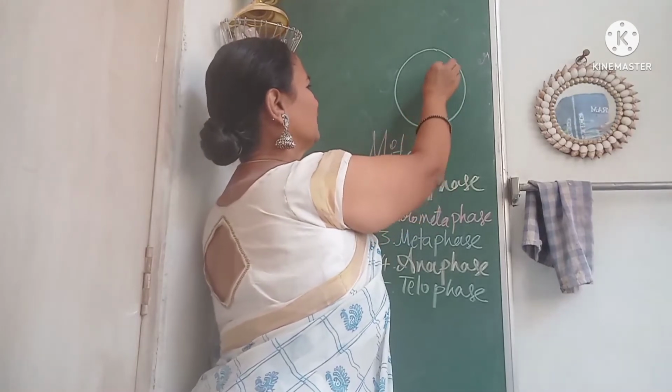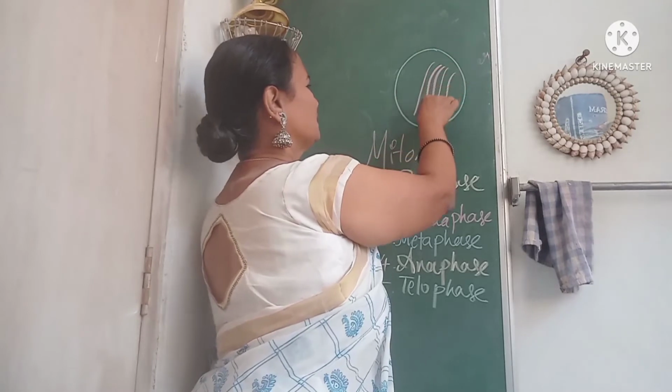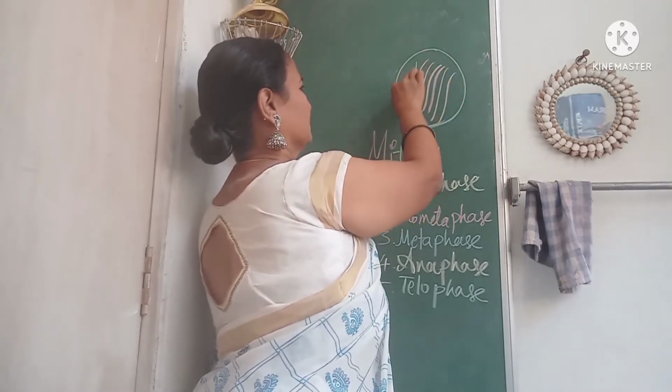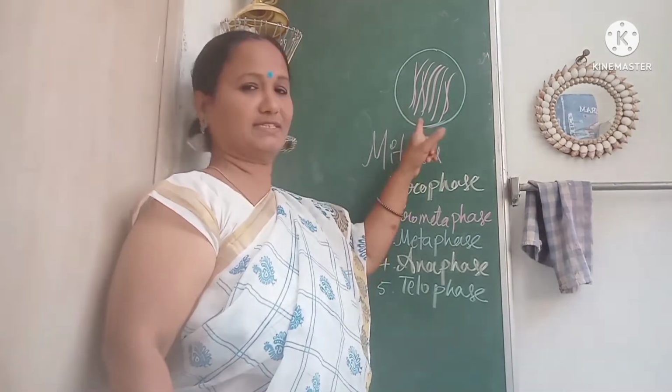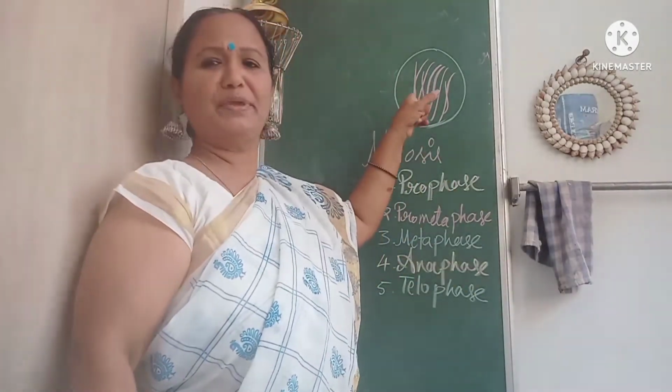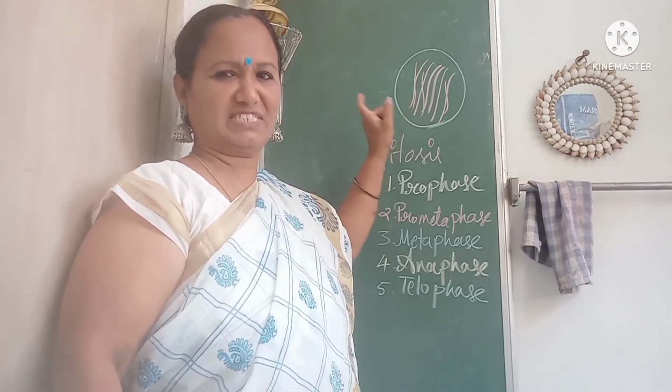Appearance of thin thread-like condensed chromosomes marks the first phase of mitosis, called prophase. The cell becomes spheroid and more refractile and viscous.